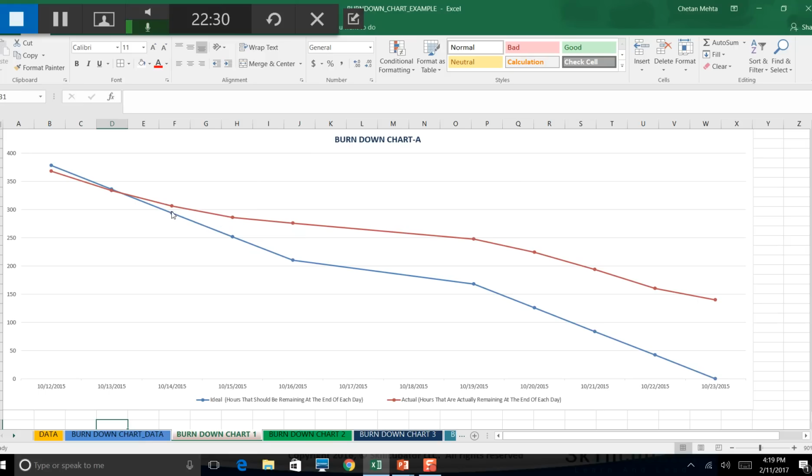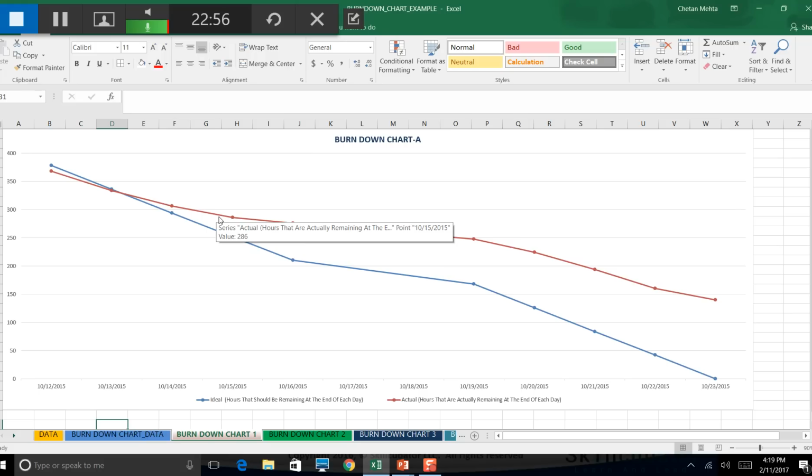So here we are okay, but as we come here on the 15th, the gap is more. That's a red flag to the team, to the Scrum Master, that something is wrong and we are missing something here. We need to take a corrective action, right? You don't want to wait until this time because it's too late to do anything, right?